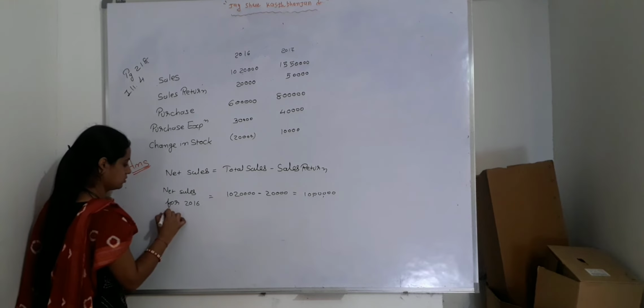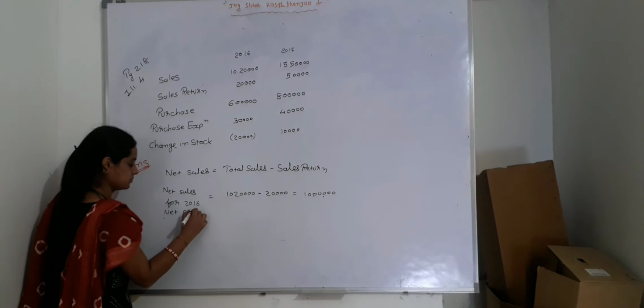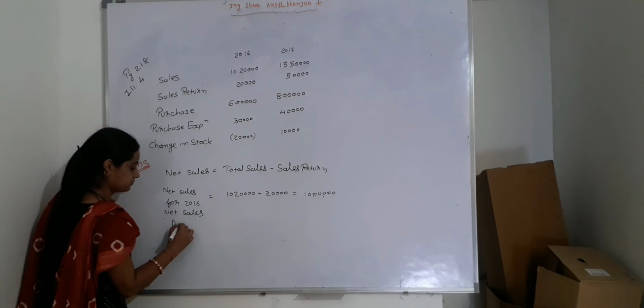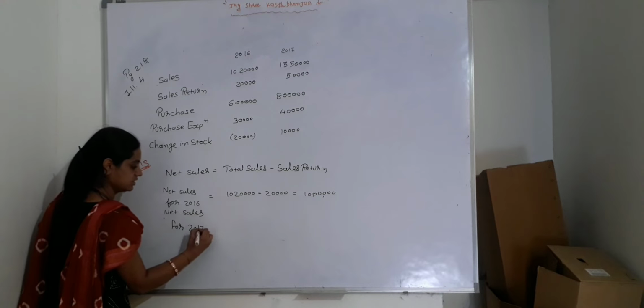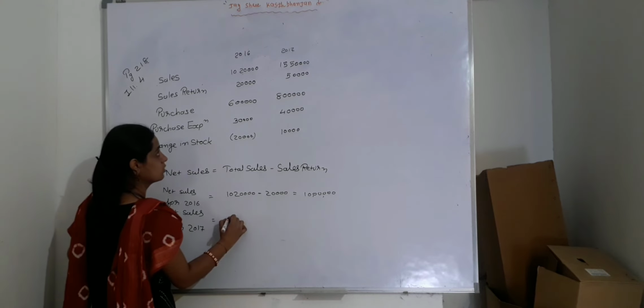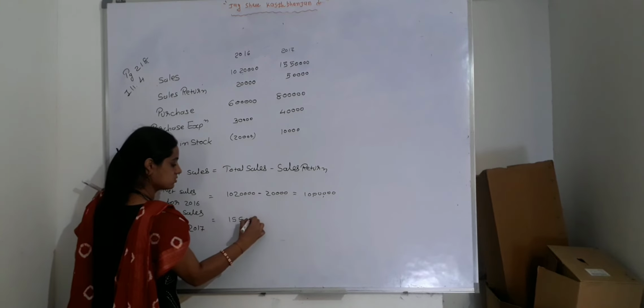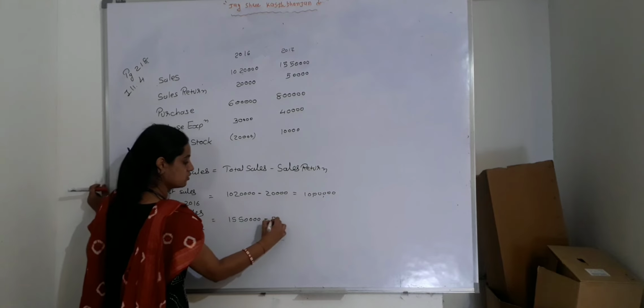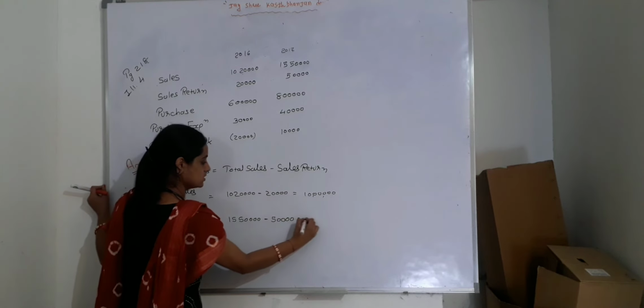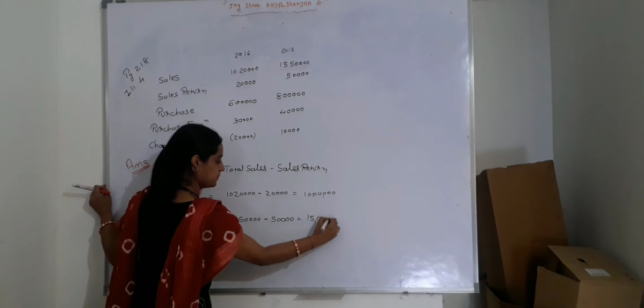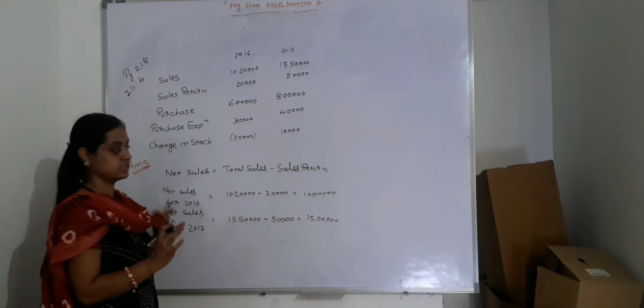And net sales for 2017 is equal to 15,50,000 minus 50,000 is equal to 15 lakh. So we get net sale.